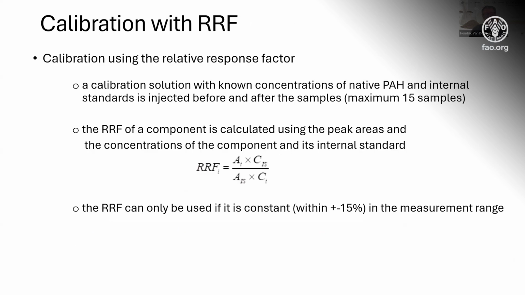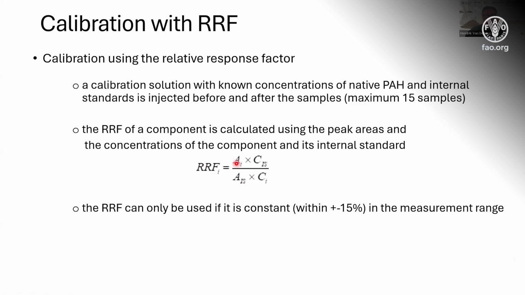Okay, then we have, instead of the linear curve, we can also calibrate using the relative response factor. There, we use only one calibration solution with a known concentration of native PFAS and internal standards, and we inject it before and after the samples, with a maximum of 15 samples in between. The relative response factor of a compound is calculated with the peak areas and the concentrations of the component and the internal standard.